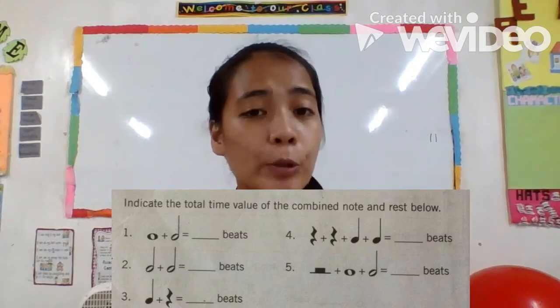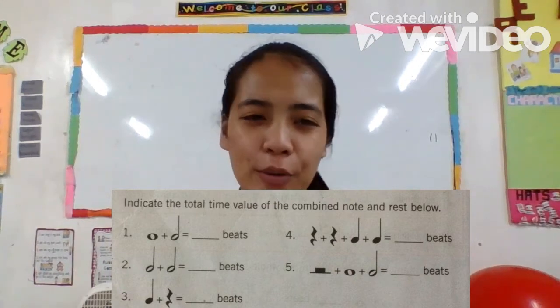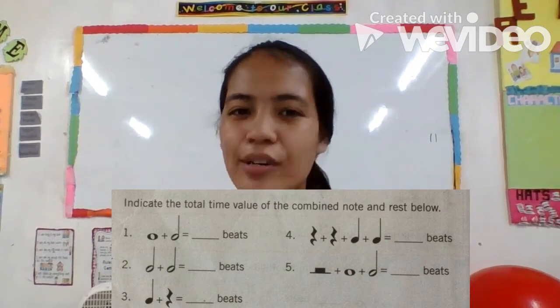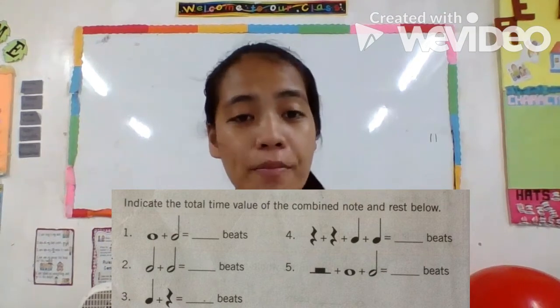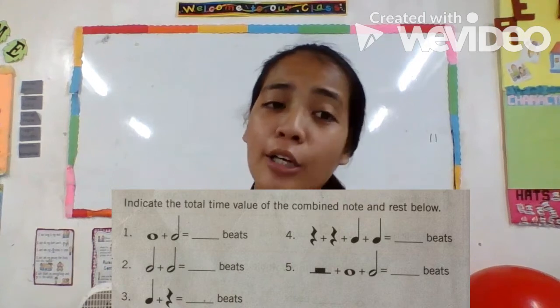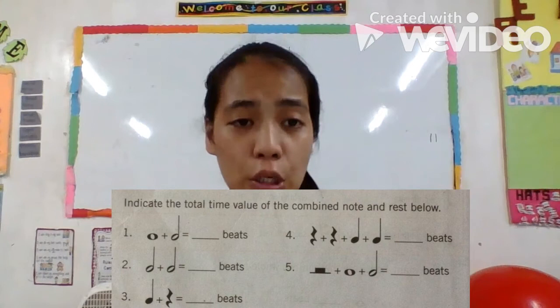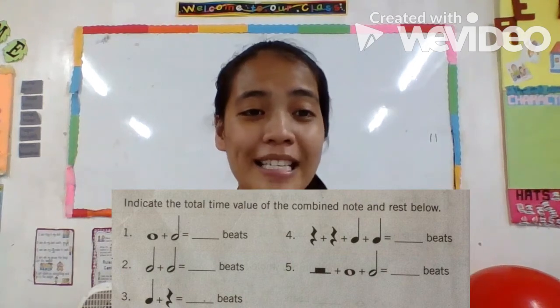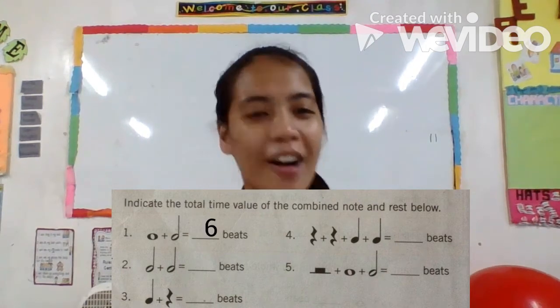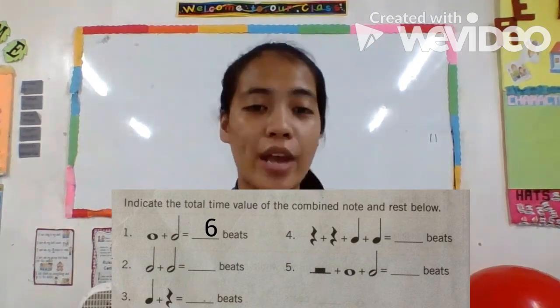Example number 1: whole note plus half note. How many beats for the whole note? Yes, you're right, 4 beats. How about half note? Yes, 2 beats. So if you add them, 4 plus 2 equals 6 beats all in all. Is it easy? Okay, very good. Next, we have another one.